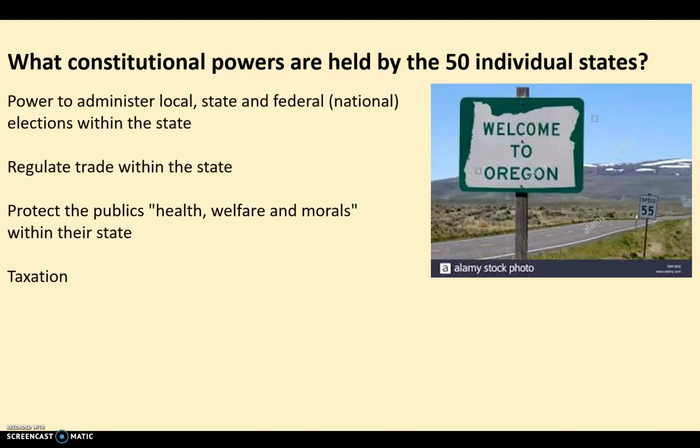Here they are. According to the US Constitution, they've got the power to administer local, state and federal elections within that state, which is why in some states they allow early voting to take place. For example, I'm recording this video on the 16th of September 2020. Well, I think it's next week when North Carolina opens the polling stations for early voting.